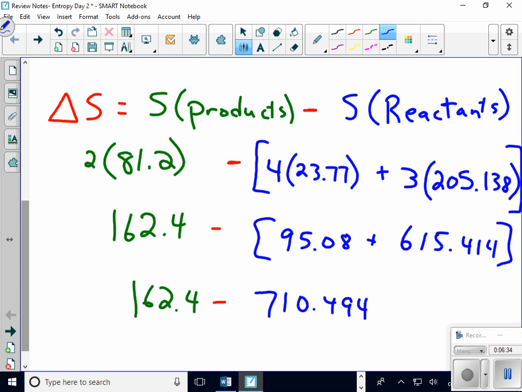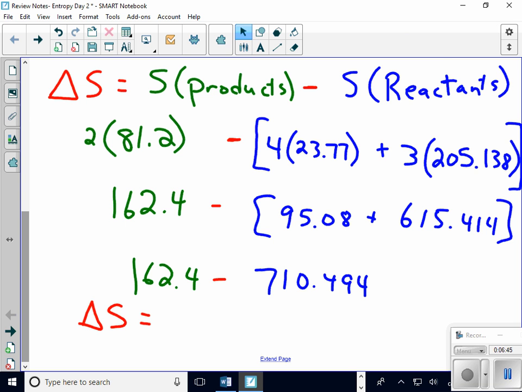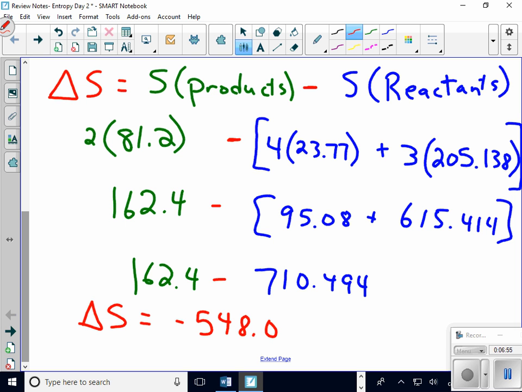So my new value now for my change in entropy is equal to negative 548.094.